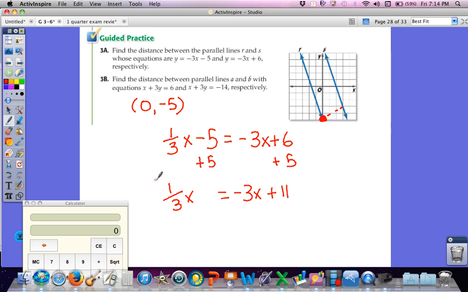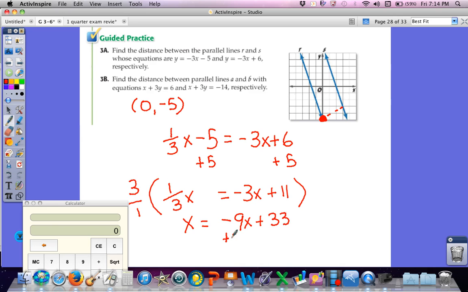I don't really like this fraction here, so I'm going to clear the fraction by multiplying everything by 3. That gives me x equals -9x plus 11. Sorry, plus not 11, I didn't multiply that by 3, 33.